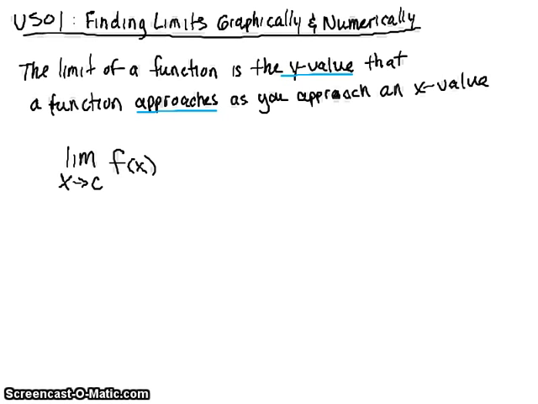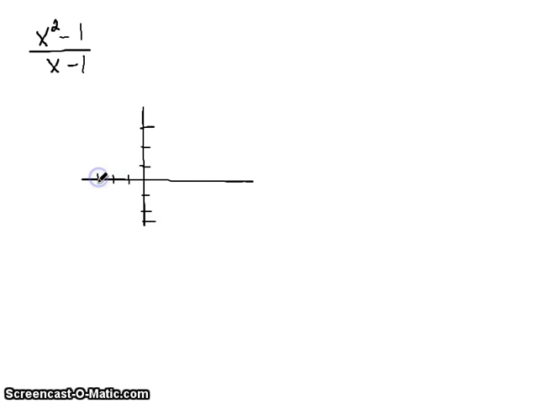So let's just think about this graphically. Let's think about the function x squared minus 1 over x minus 1. The graph of x squared minus 1 over x minus 1 looks like the line x plus 1.